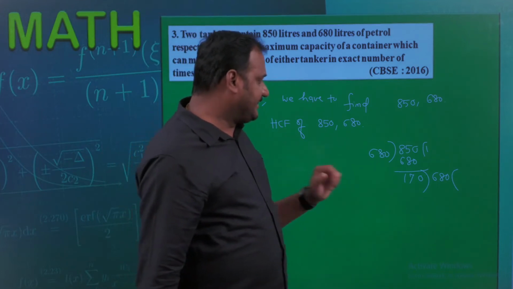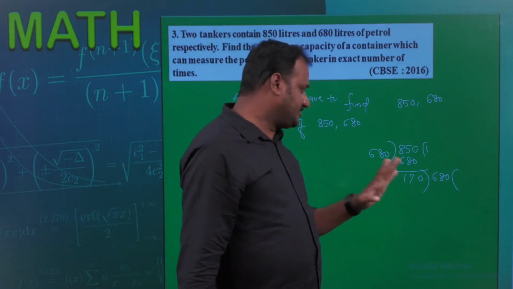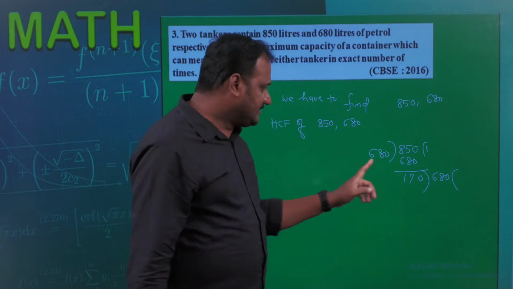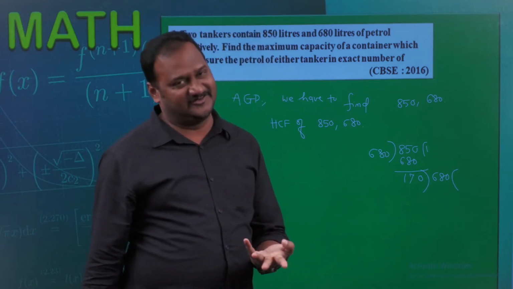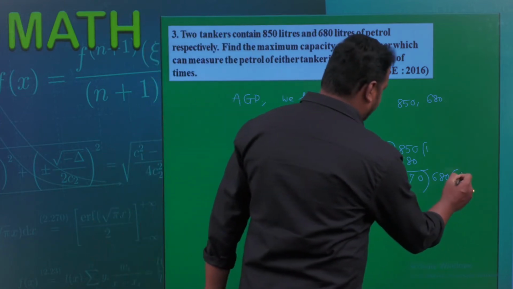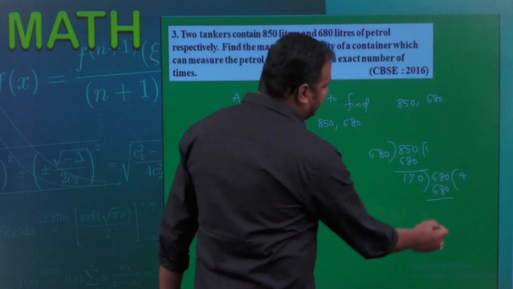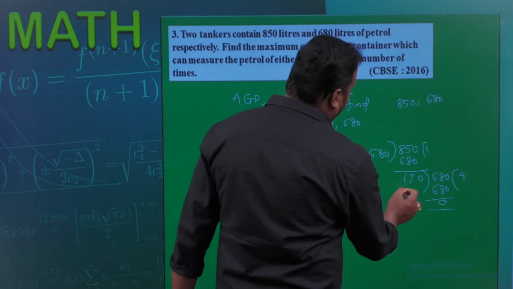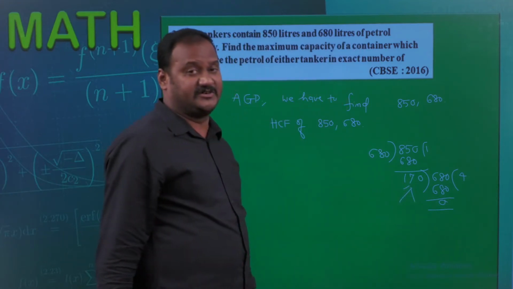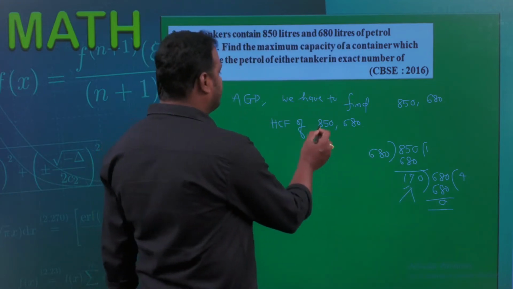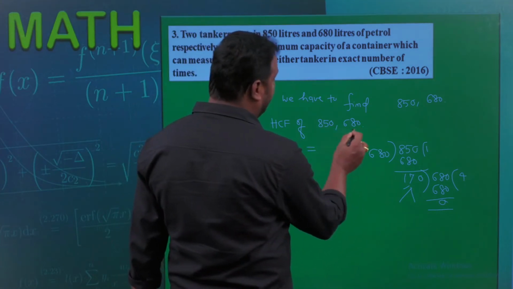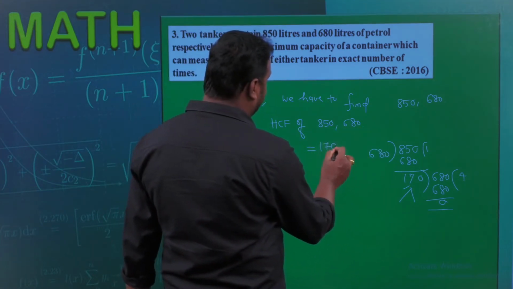Then let us think, if you go by, for example, 4. 17 4s are 68. So 17 4s are 680. The remainder is going to be 0. So 170 is the HCF of those two numbers. So the HCF of 850 and 680 is going to be 170.